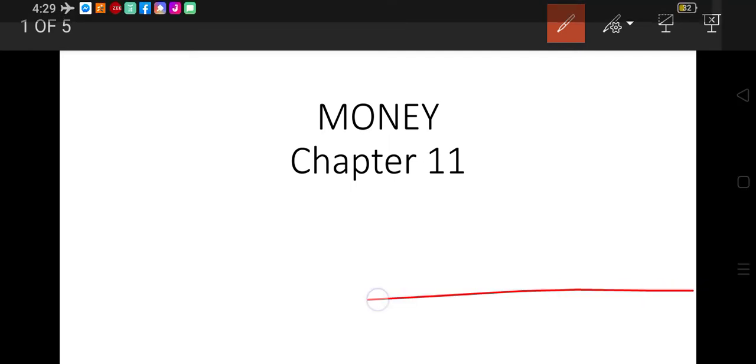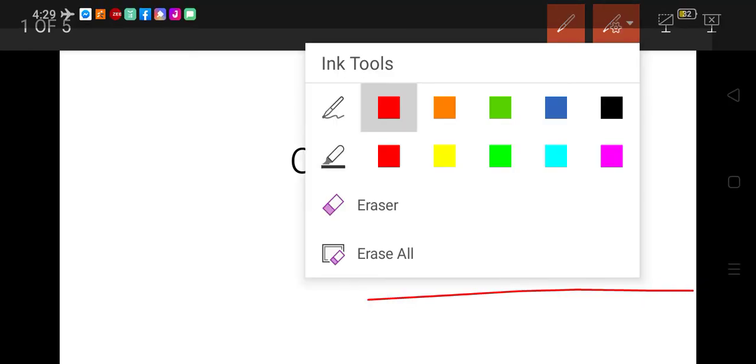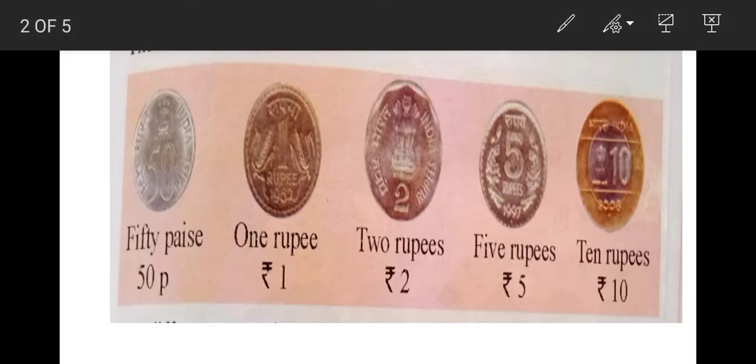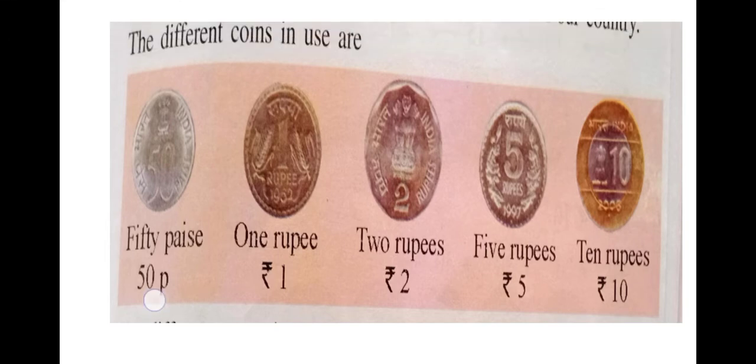In India, what are the coins we have in India? So these are the coins in use in India, that is 50 paisa coin, 1 rupee coin, 2 rupees coin, 5 rupees coin and 10 rupee coins.